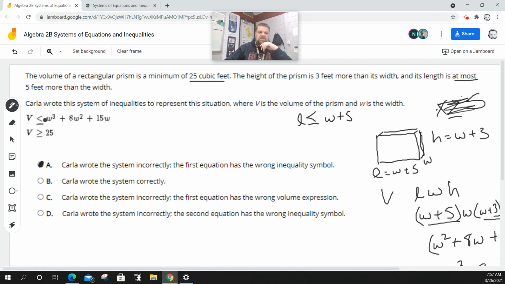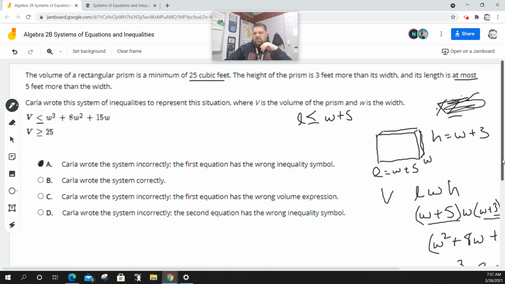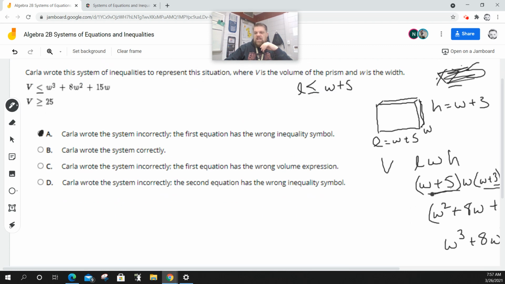So the volume is less than this. So let me clarify what I'm saying. This is at most the value, but the value could be a little bit less than this. If the value is a little bit less than this, then the volume could be a little bit less than this. So the volume could be less than this, but it could also equal this. So really I should have the volume is less than or equal to this.